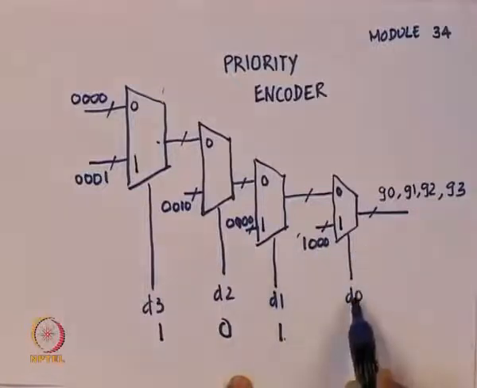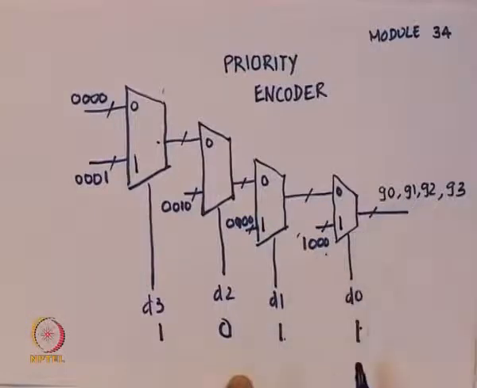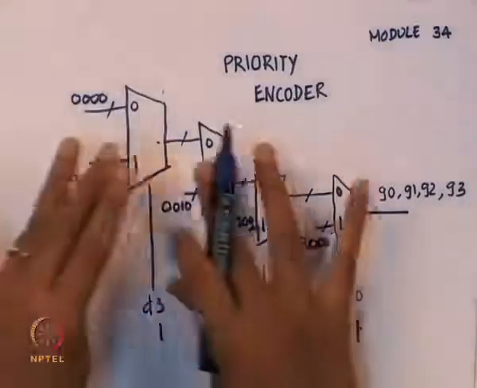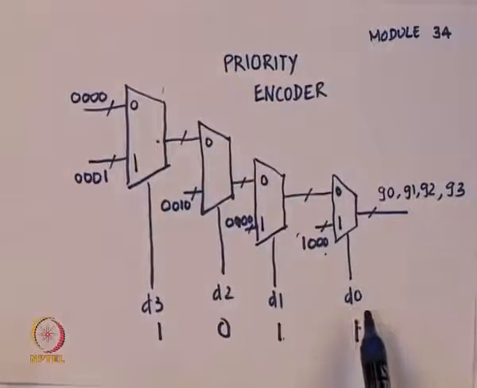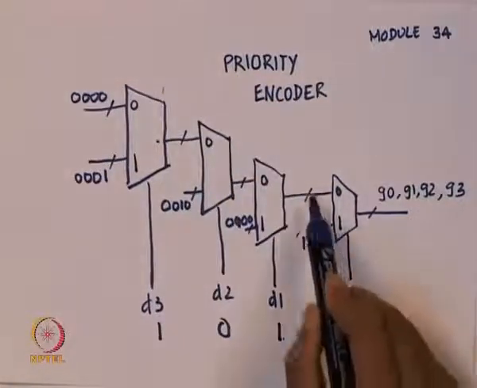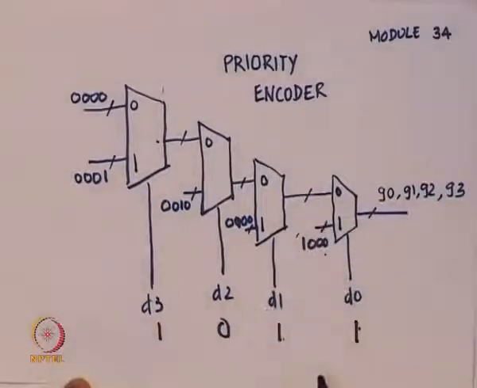So essentially D0 being 1 will place 1000 on the output. Even though there are different priorities coming up to this level, at this level D0 being 1 or 0 can decide which one should go. So D0 has higher priority over D1, D2, D3. This is the hardware structure that I want.